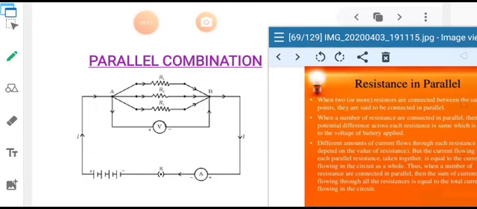You can see that a battery has been connected. If it is providing a potential of V, then the same potential is applied across each of these resistors. So the potential drop across every resistance is the same. Now what about current?